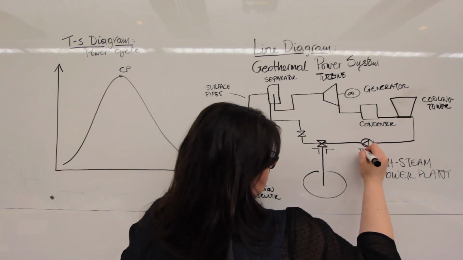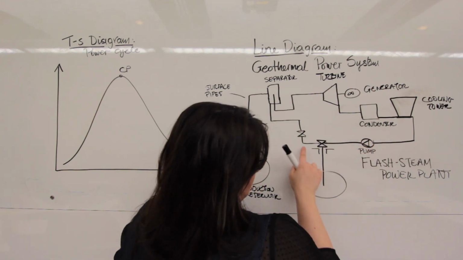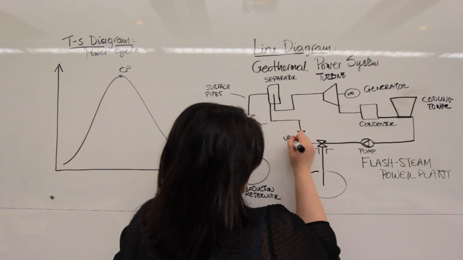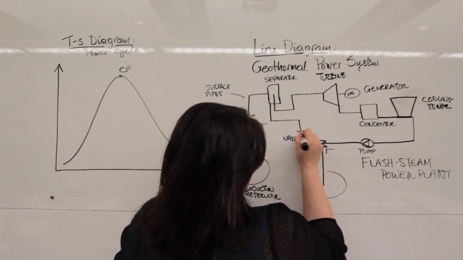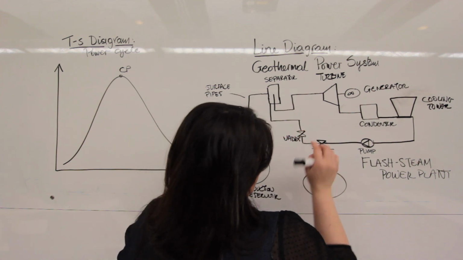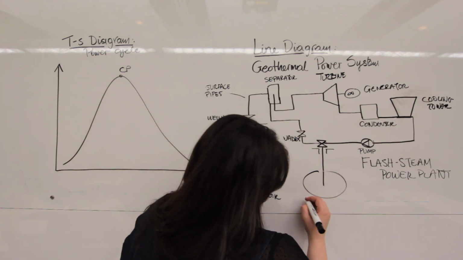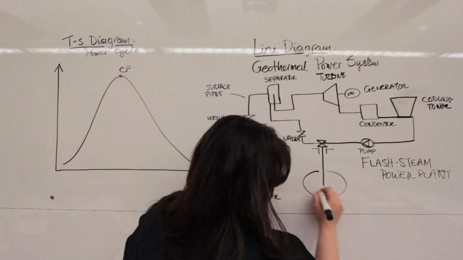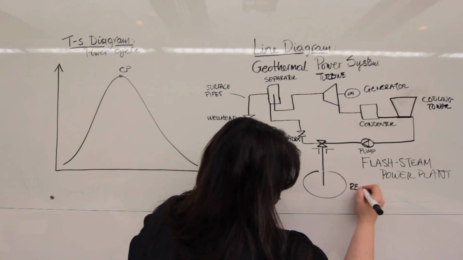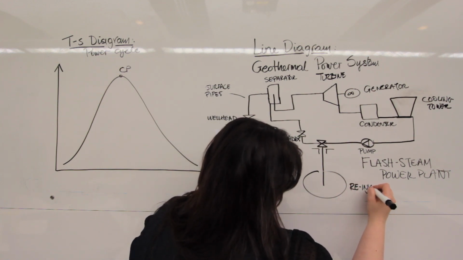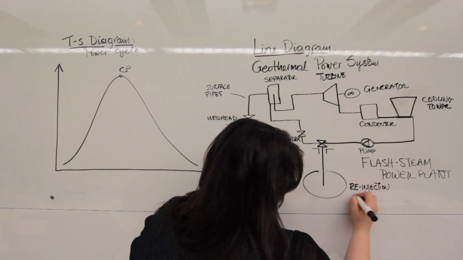This is a pump. Here we have two more valves. Okay, so those two are valves. Down here, to complete the circle, we have our injection or re-injection reservoir.